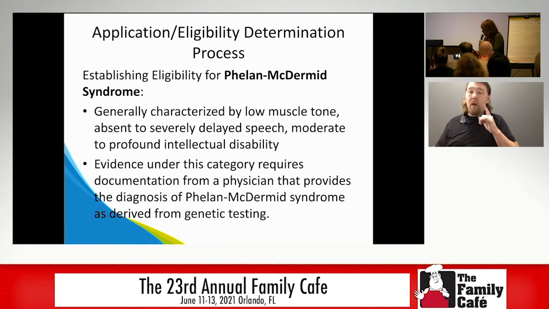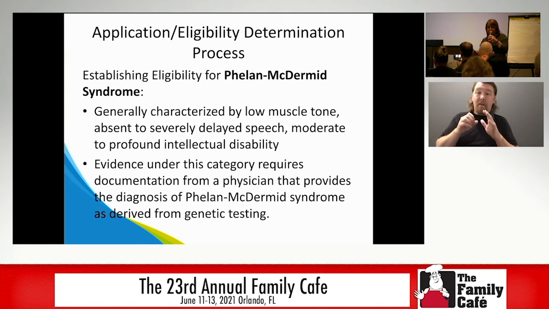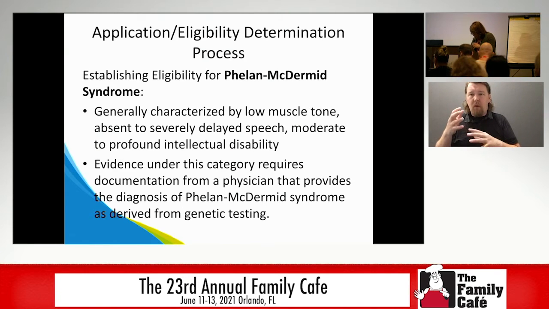For Phelan-McDermid, this is a syndrome that is very rare. Children are born with a specific chromosomal abnormality. Although the range and severity of symptoms may vary, Phelan-McDermid syndrome is generally characterized by low muscle tone, absent to severely delayed speech, moderate to profound intellectual disability, minor malformed or misshapen features, and symptoms of autism spectrum disorder.